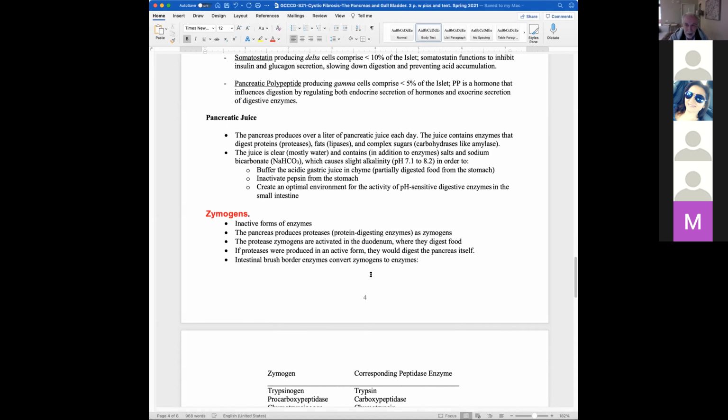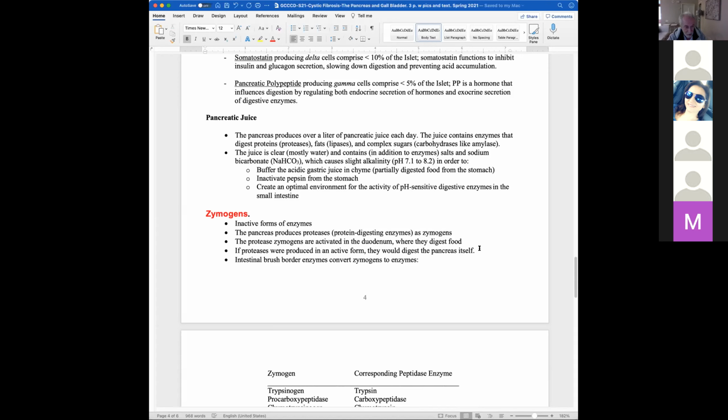Zymogens are the inactive forms of enzymes. The pancreas produces proteases as zymogens. Now, why does it do that? If the proteases were produced in an active form, they would digest the pancreas itself.